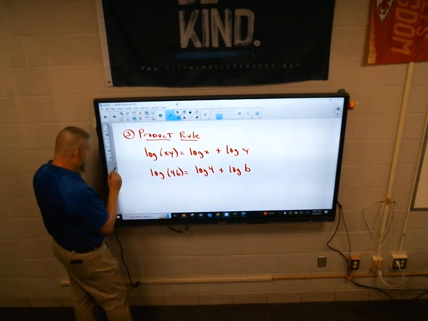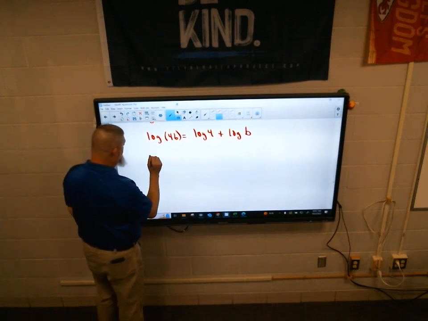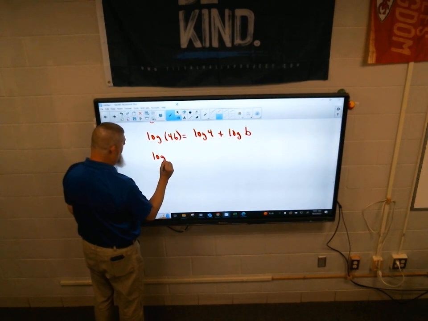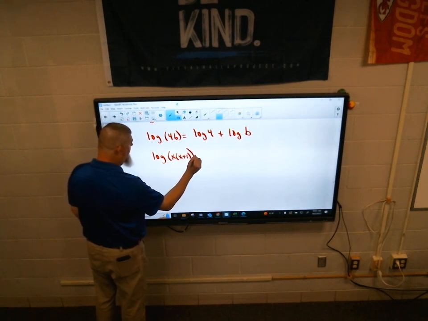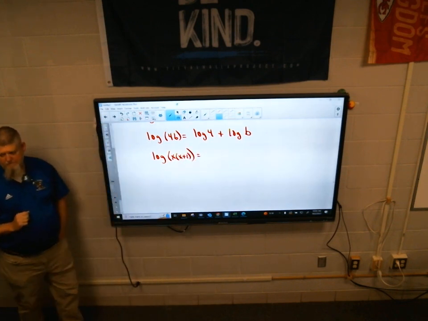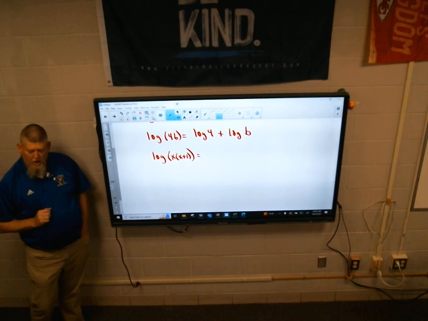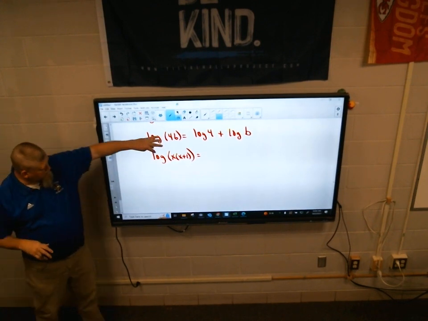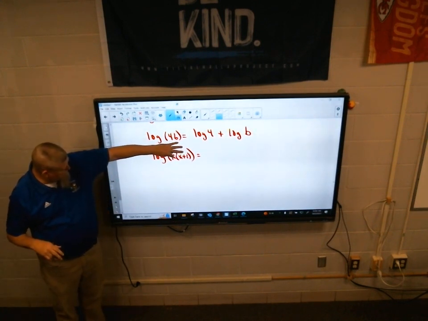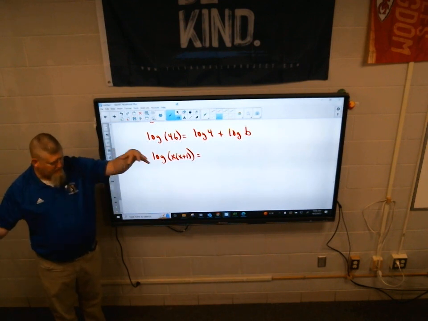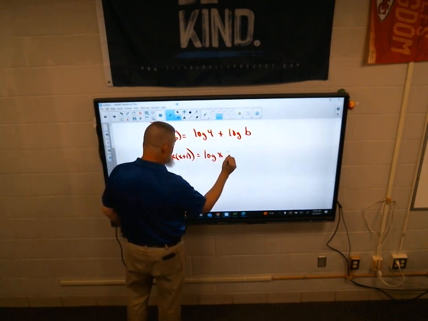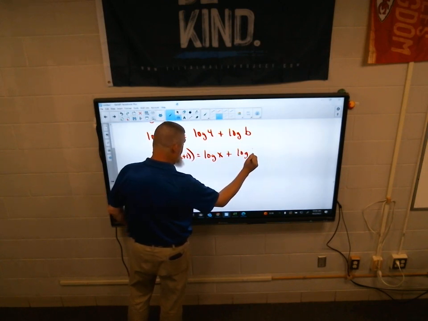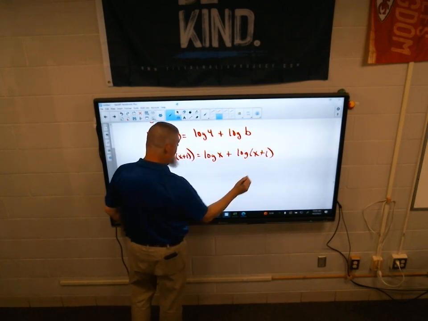This can get a little bit more complicated. How about this one? Log of x times x plus 1. So the rule is just that we can add them together separately. You can split the product apart, take the x and the x plus 1 and split them apart, and have log of x plus the log of x plus 1.